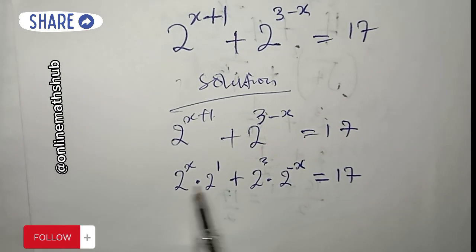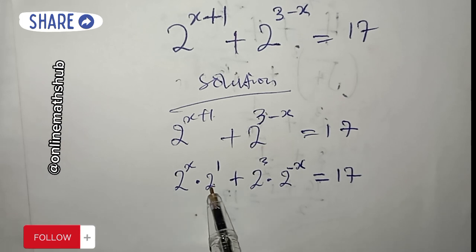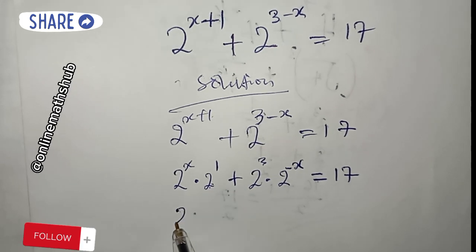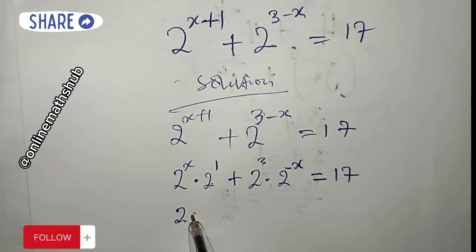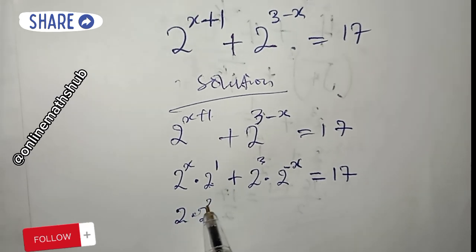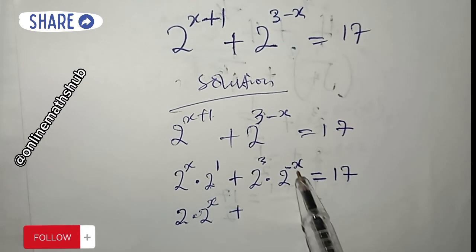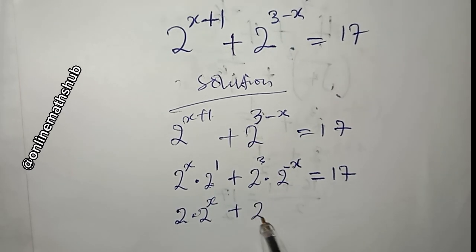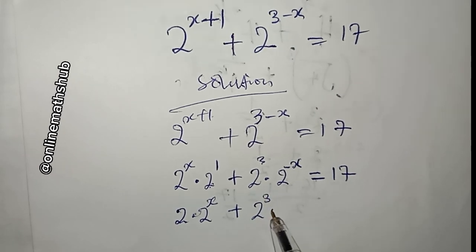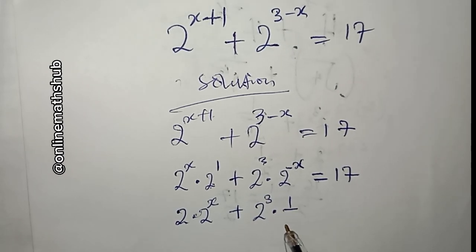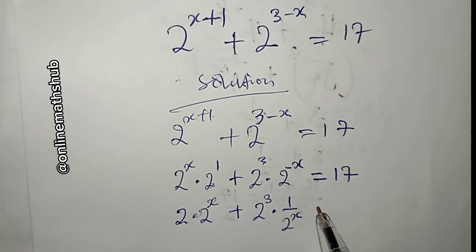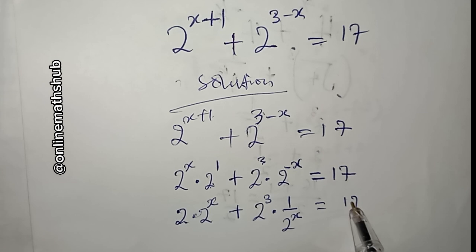Moving on, 2 power 1 is 2, so I have 2 times 2 power x right here. And then 2 power negative x I can write as 1 over 2 power x, and of course it's equal to 17.